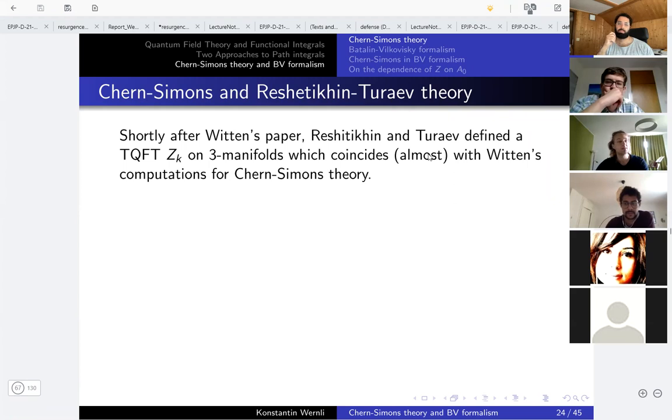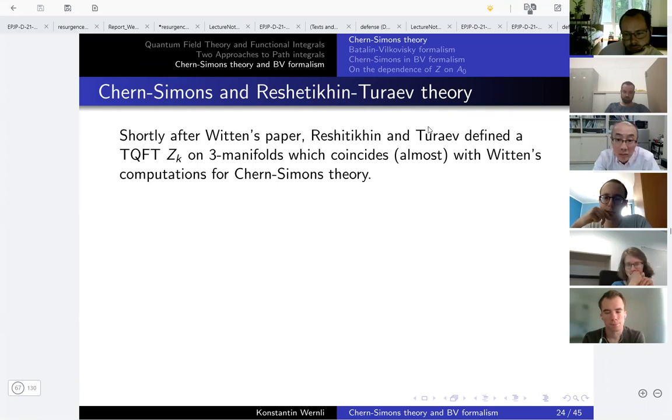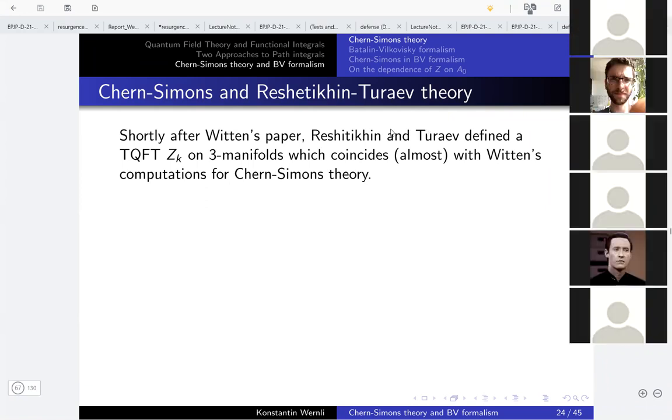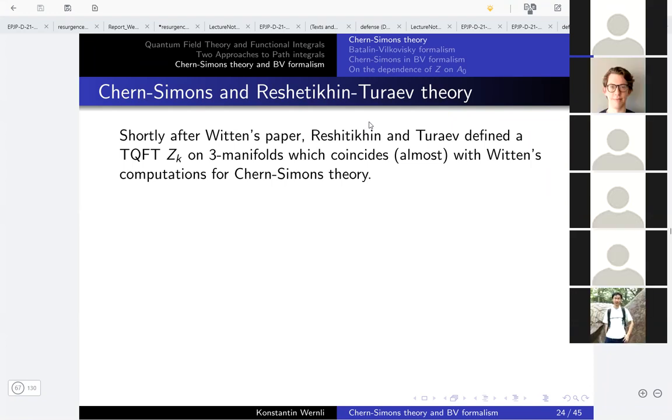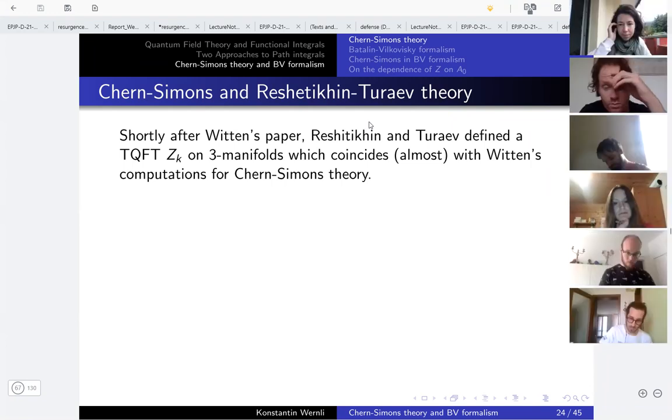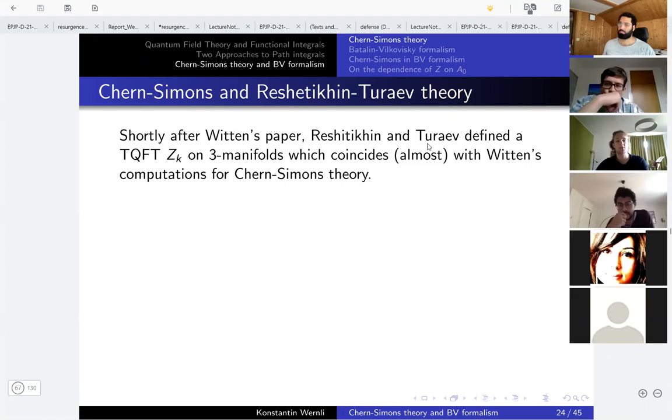Witten uses a framing to define his partition function of Chern-Simons theory, while Reshetikhin and Turaev don't need a framing. There's a paper by Atiyah giving an explanation of this that I don't know how well has really been understood, frankly. So there's still a slight subtlety, but they're very similar.